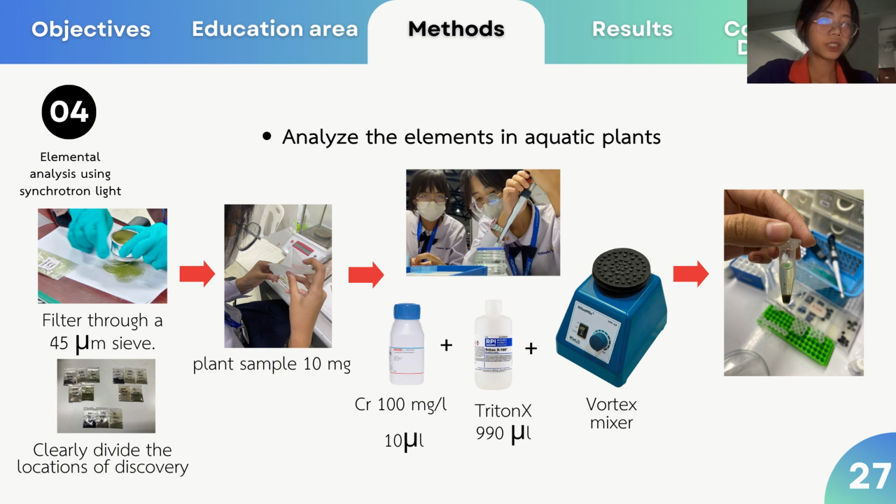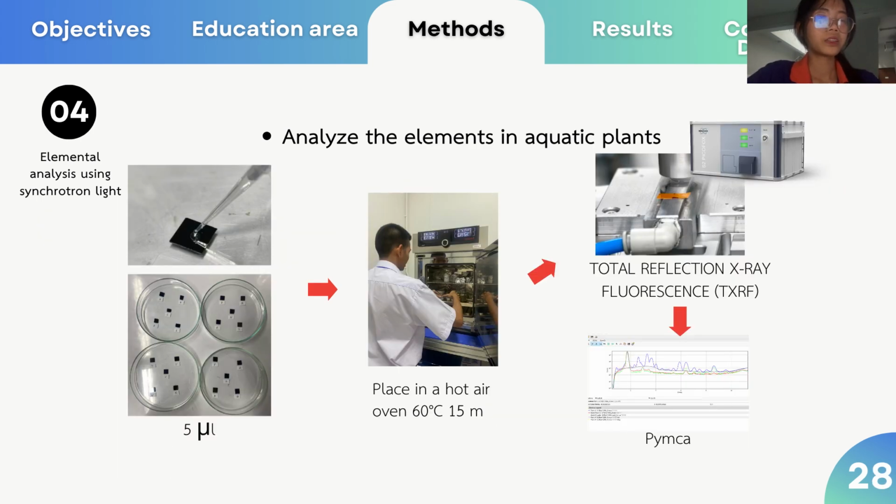We will use 10 mg of plant sample mixed with 10 microliters of chromium and 919 microliters of Triton X with a mortar mixer. Then we will use a micropipette to drop 5 microliters of sample onto the silicon wafer plate.